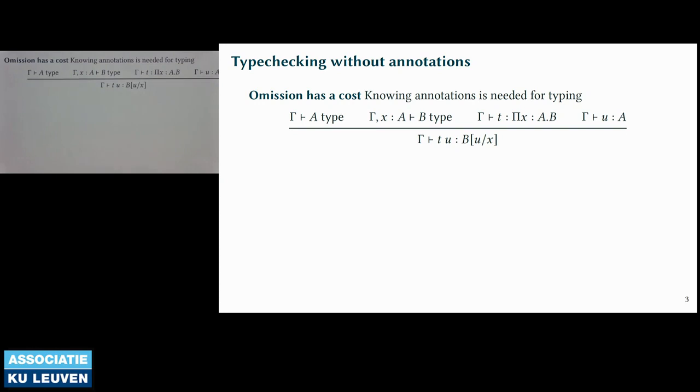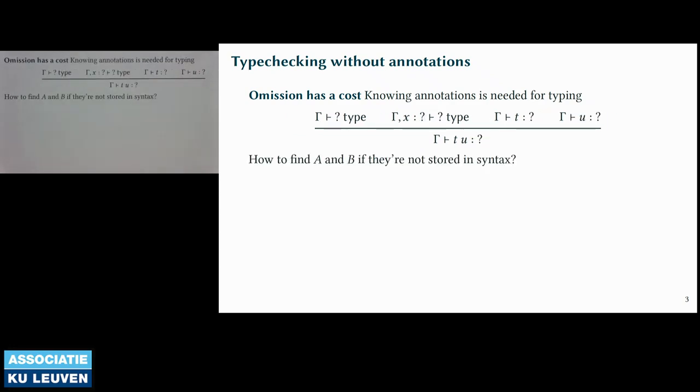And we see this when looking at typing, because this omission has a cost: knowing annotations is needed for typing. If we're trying to build the type derivation bottom up and you do not have the types, then how do I fill the question marks there? Somehow I need to guess A and B.